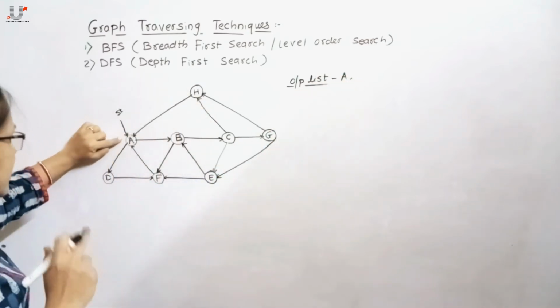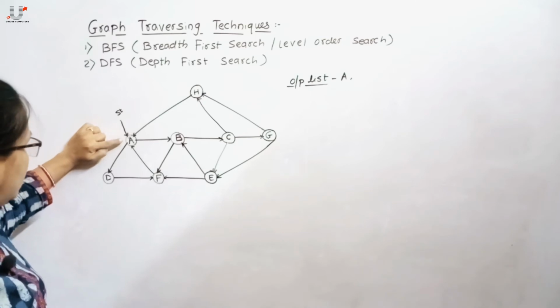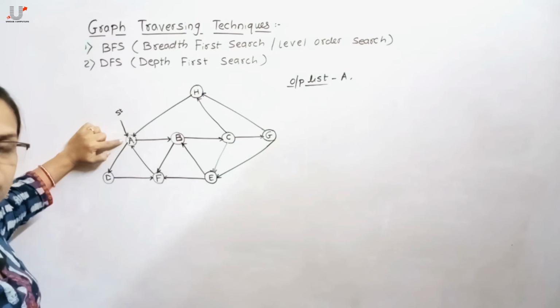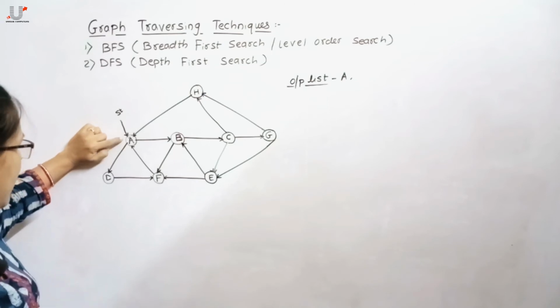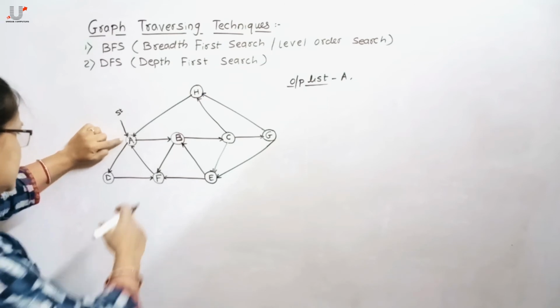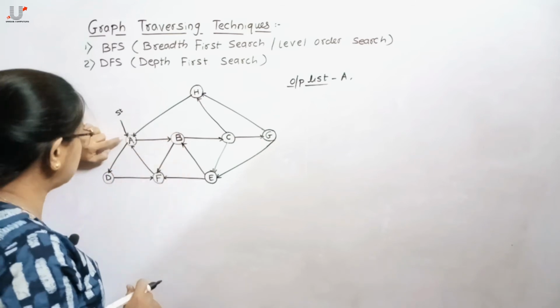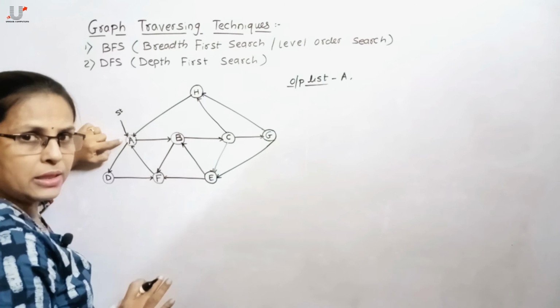After that, as it's a directed edge, next you have to add an adjacent node of this A. The adjacent nodes of this A are B and D. These are the two adjacent nodes for this A, so you can choose any.